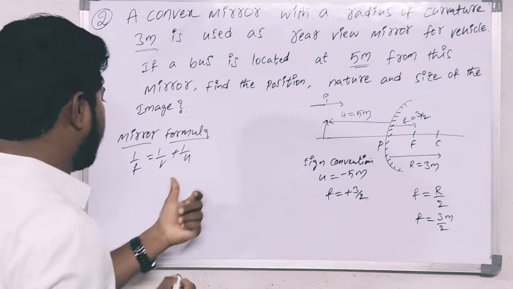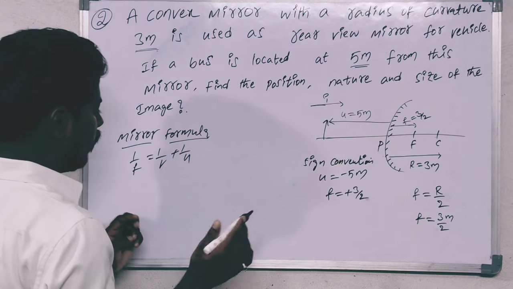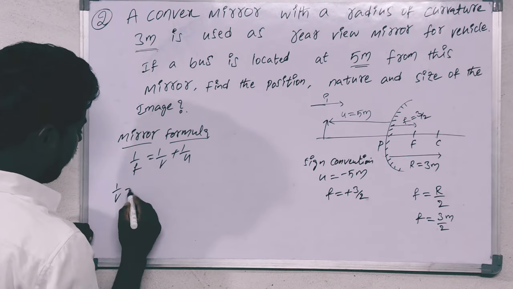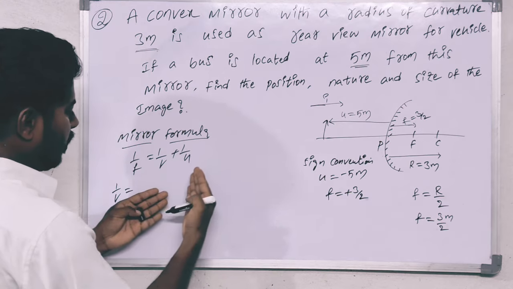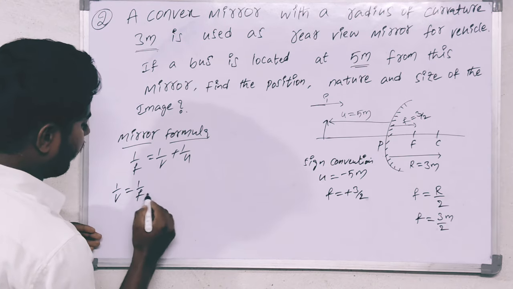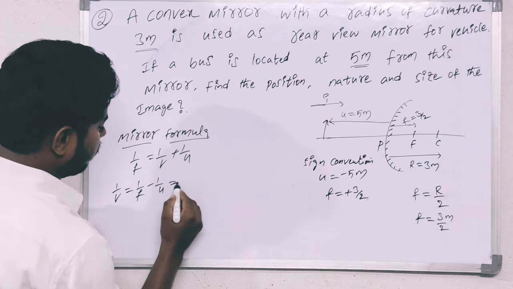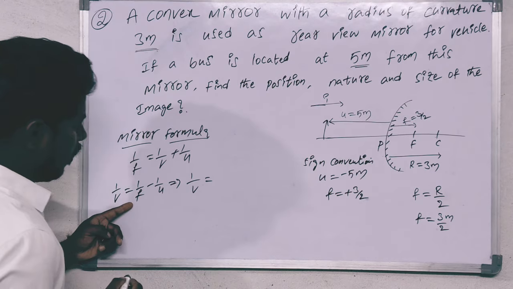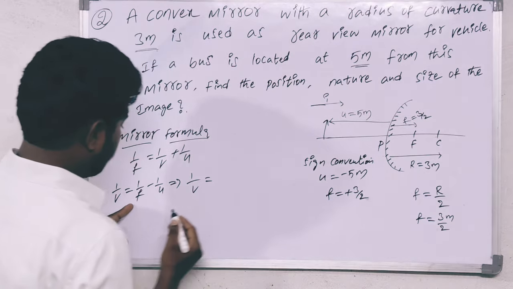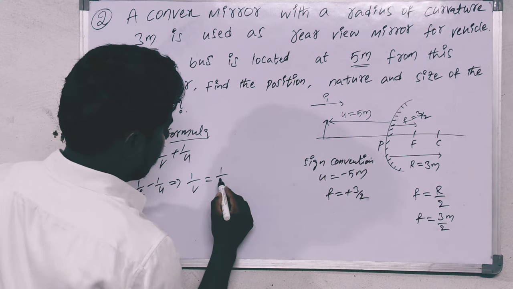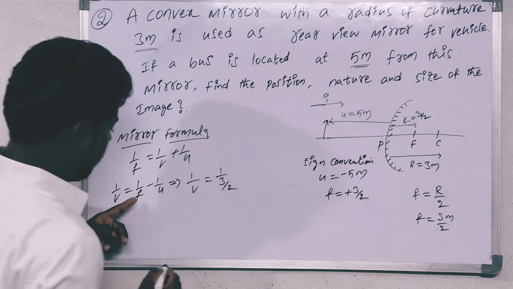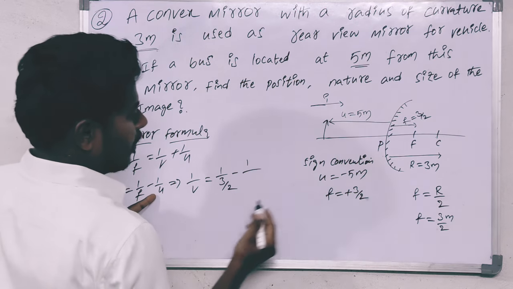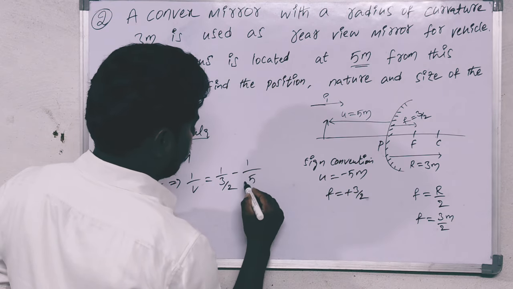Now substitute the values in the mirror formula. We have to find the distance of the image. So 1 by V equals, bring 1 by U to this side, 1 by F minus 1 by U. Now 1 by V equals 1 by F, plus 3 by 2, and minus 1 by U, minus 5 meters.